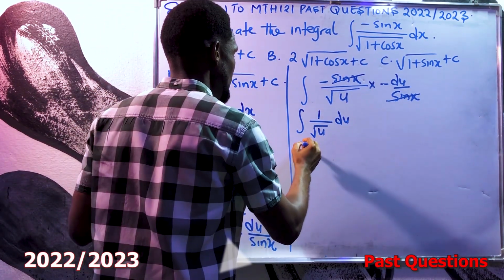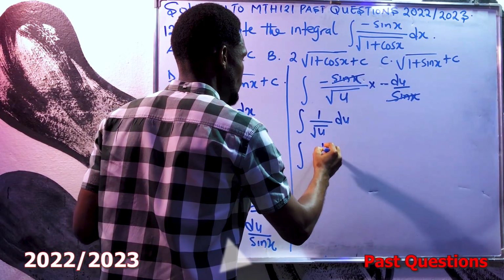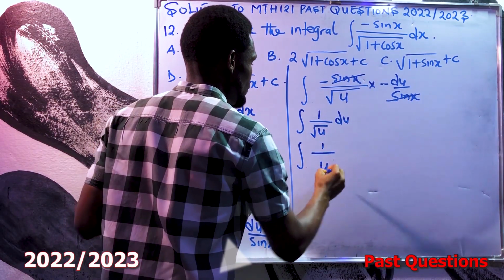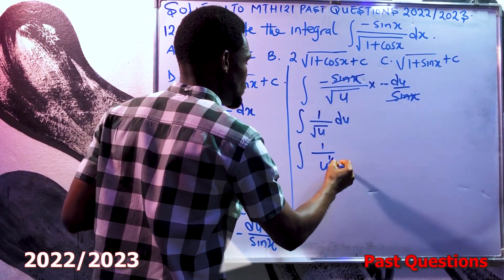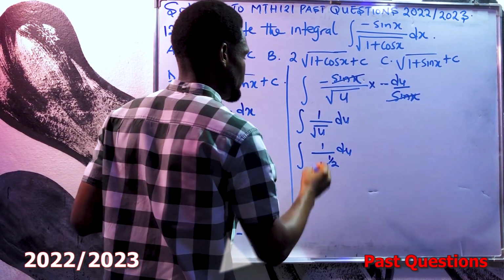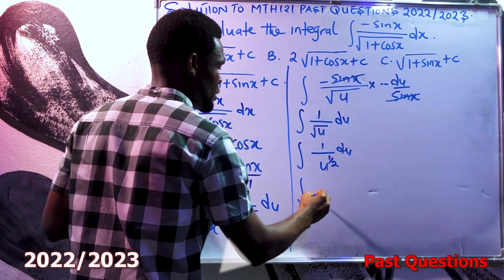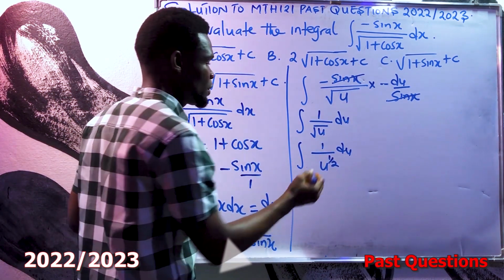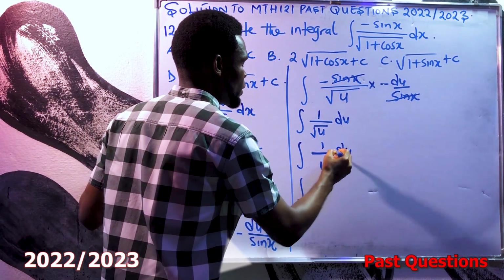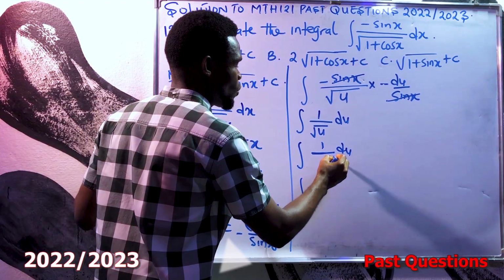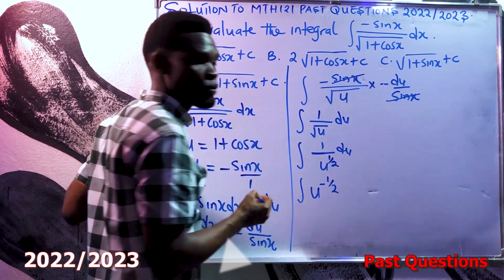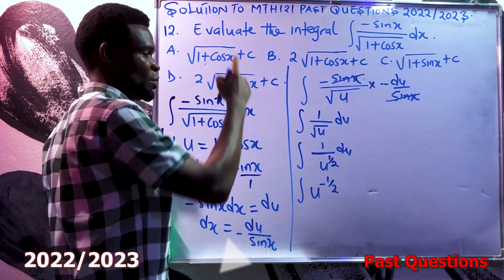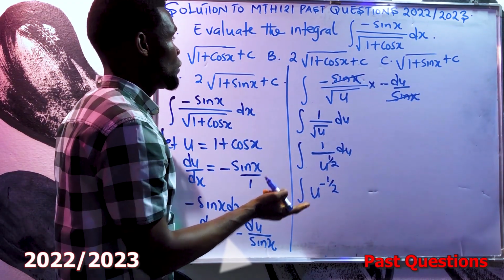Now this will be written as the integral of 1 over u raised to power, what is the square root sign in mathematics? Raised to power 1 over 2, du. So from the laws of indices, 1 over u raised to power 1 over 2 means u raised to power minus 1 over 2. I've explained this in the previous question.